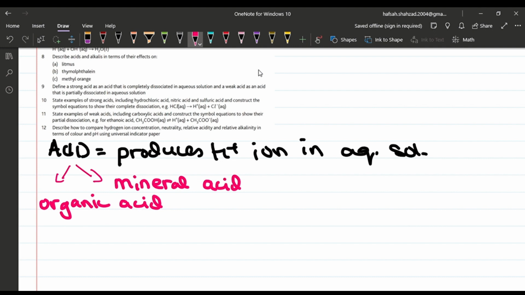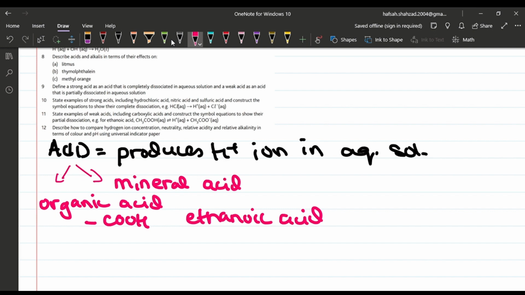Organic refers to any compound that has carbon in its formula, and an organic acid refers to any compound that has COOH in it. For instance, the example included in our syllabus is ethanoic acid, which is also known as vinegar in normal terms.